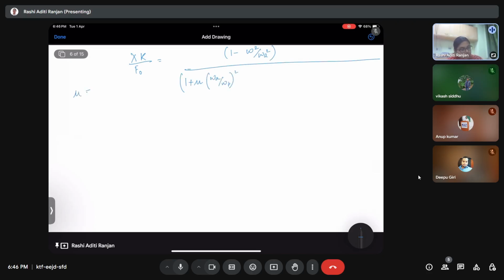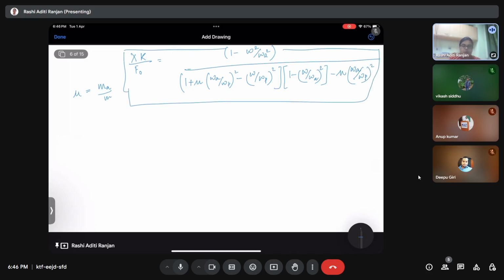Mu is nothing but m a by m, mass of the absorber by mass of my main system. This is going to be the final equation.